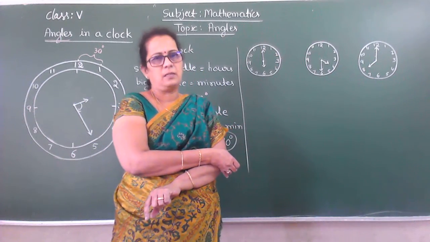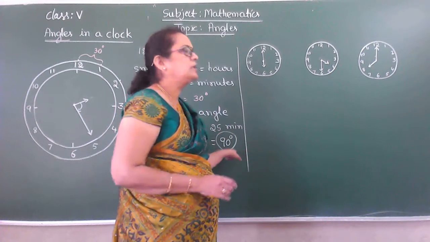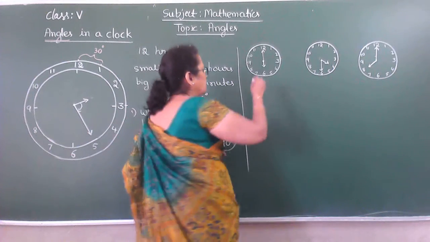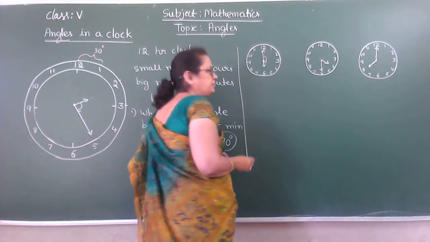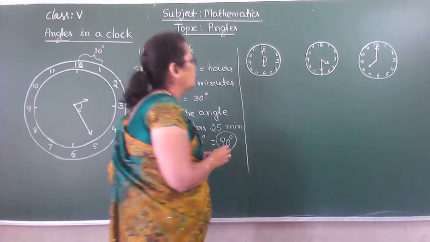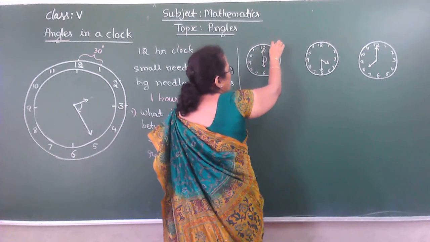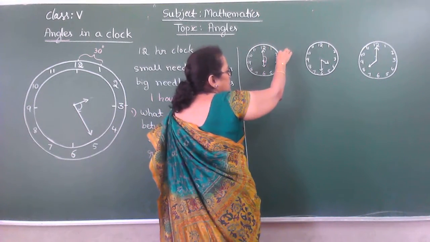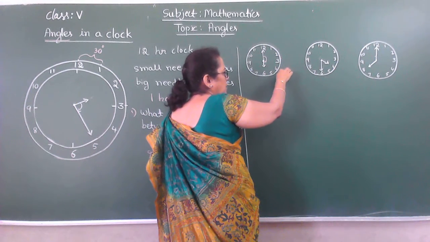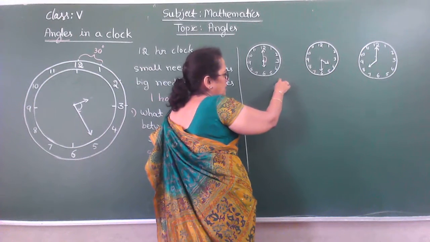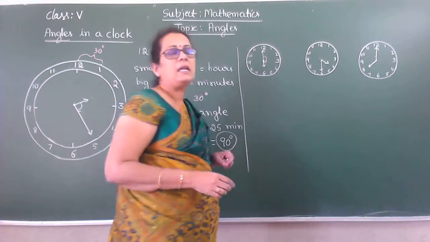is this. So first what we should do, we should mention the degrees. Now see here, it is exactly 6 o'clock. It is exactly 6 o'clock means count the degrees from here to here: 30, 60, then 90, then 120, then 150, then 180.